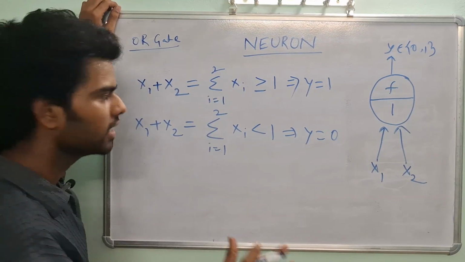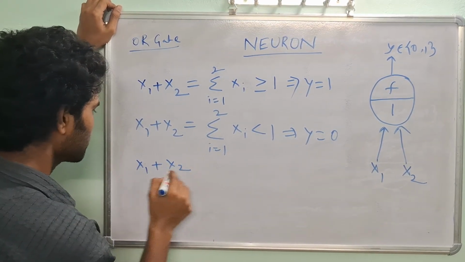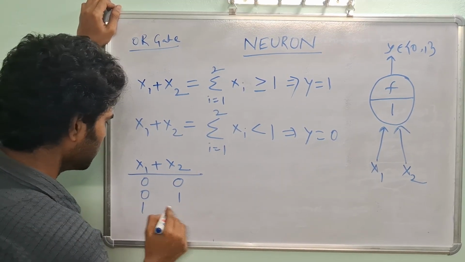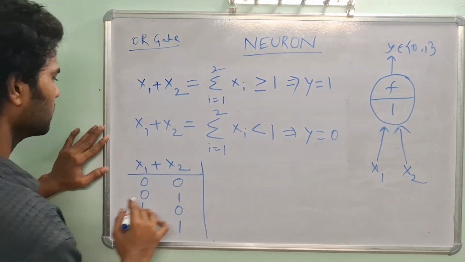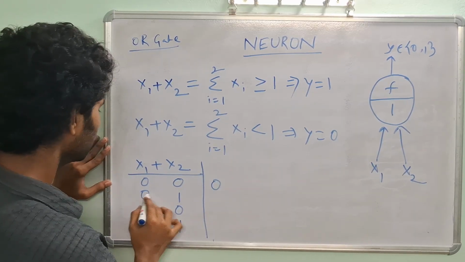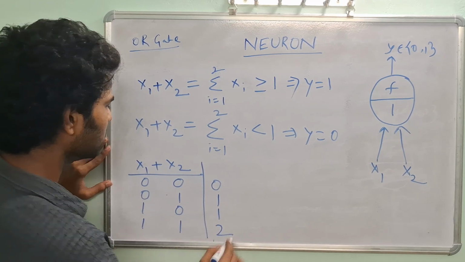Now we will see the table of these two inputs: 0, 0; 0, 1; 1, 0; 1, 1. Here 0 plus 0 is 0, 0 plus 1 is 1, 1 plus 0 is 1, 1 plus 1 is 2.